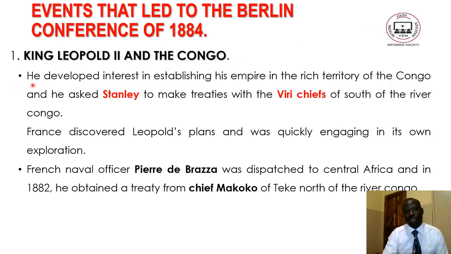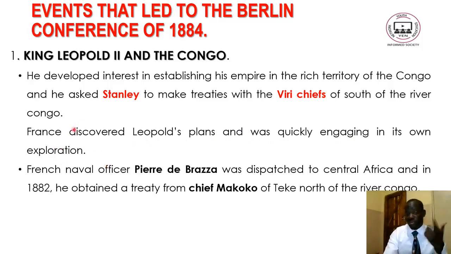King Leopold II developed interest in establishing his empire in the rich territory of Congo, and he asked H.M. Stanley, Henry Morton Stanley, to make treaties with the chiefs south of the river Congo. So France discovered Leopold's plans and was quickly engaging in its own exploration.